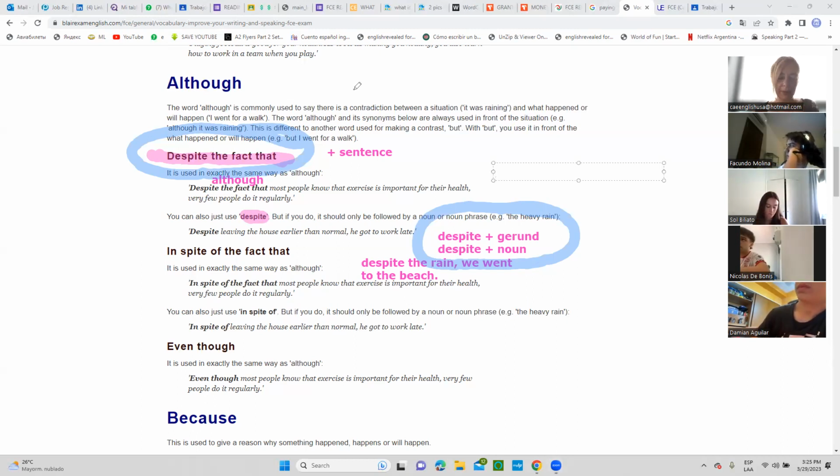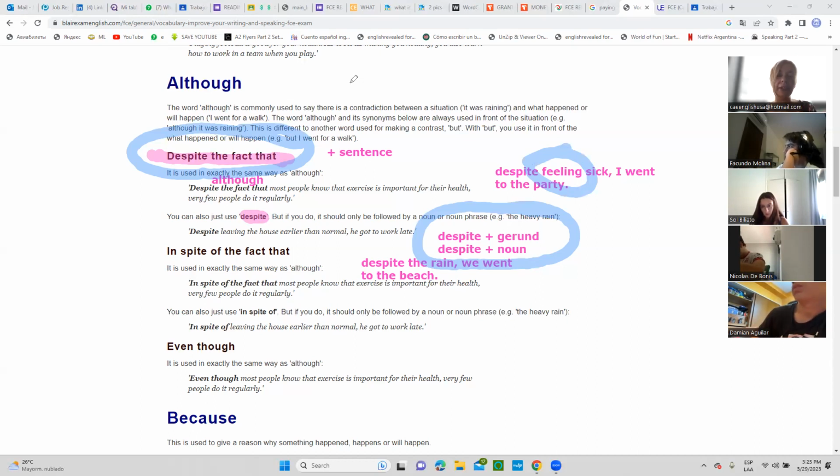An example with the gerund: despite feeling sick, I went to the party. So here we have an example with the gerund. Despite feeling sick. It's wrong to say "despite I was feeling sick." A sentence, no. No sentence.